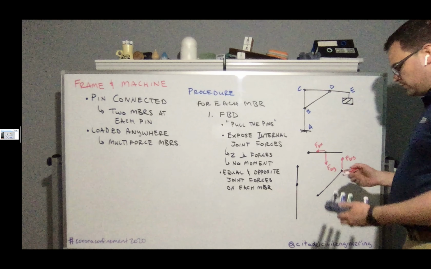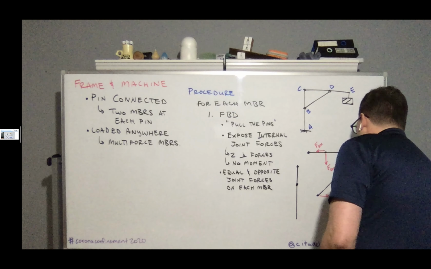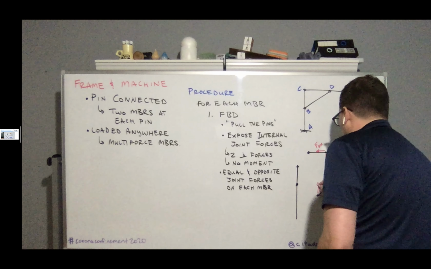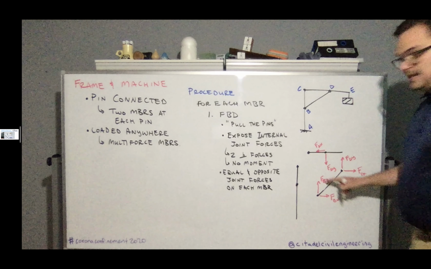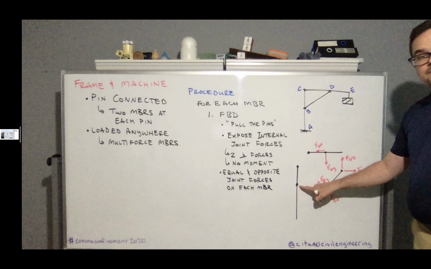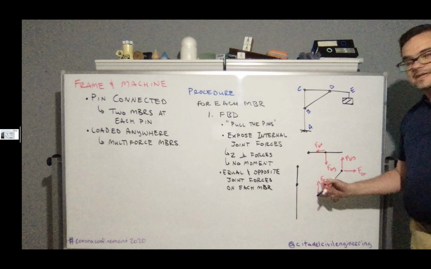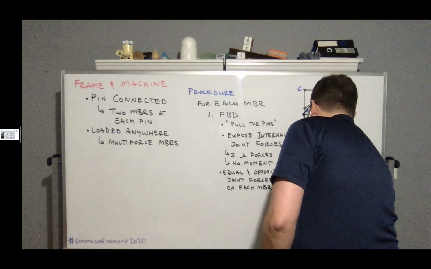So likewise, I can go through the rest of the structure and do a similar sort of thing. I can have FBX and FBY. Now, if I do that, the other joint B is over here on this member, so I've got to draw them equal and opposite. FBX was to the right there, so it's got to be to the left over here.